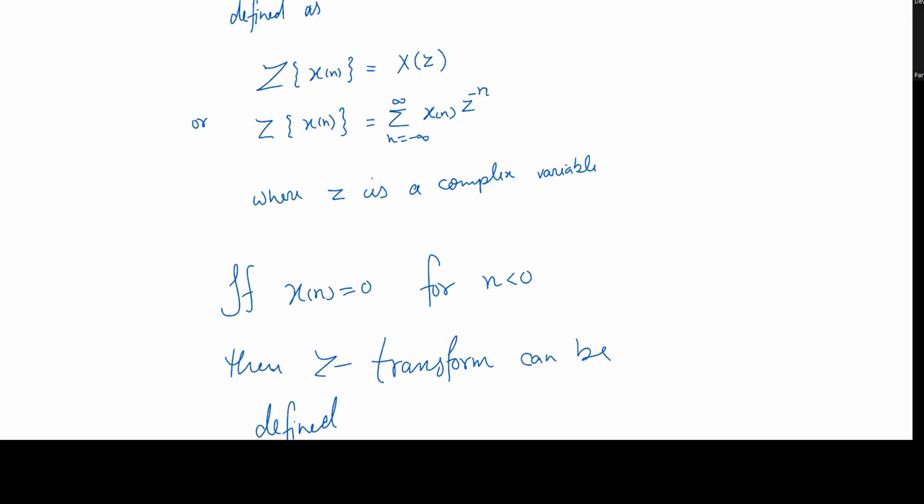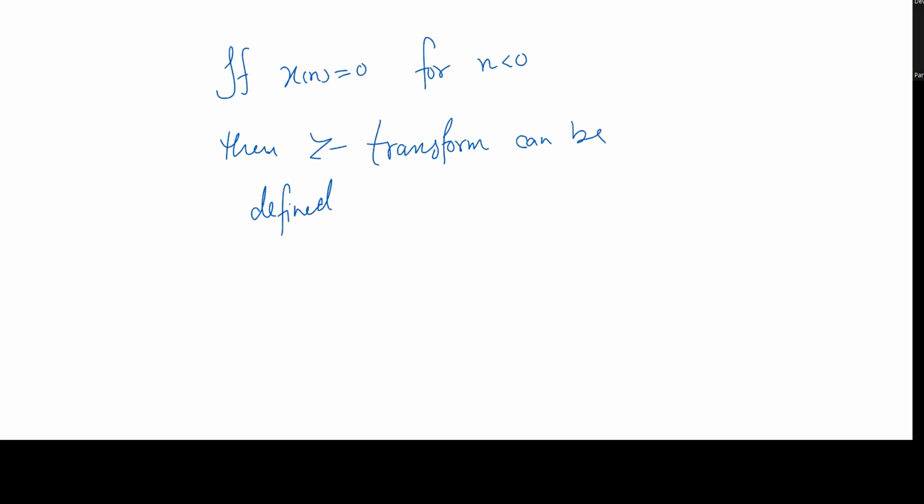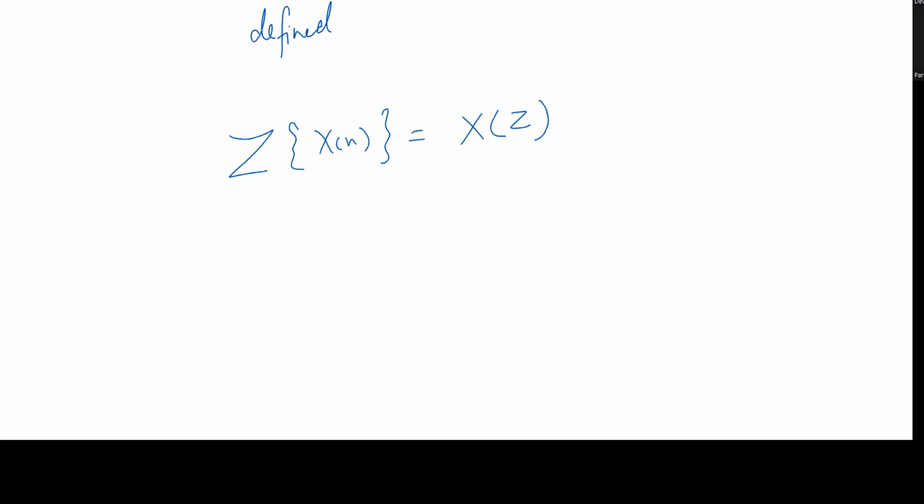Then the Z transform of the sequence, denoted by X(z), is equal to the summation from n equal to 0 up to infinity, now taking only positive values of n, of x(n) into z to the power minus n. You got it?